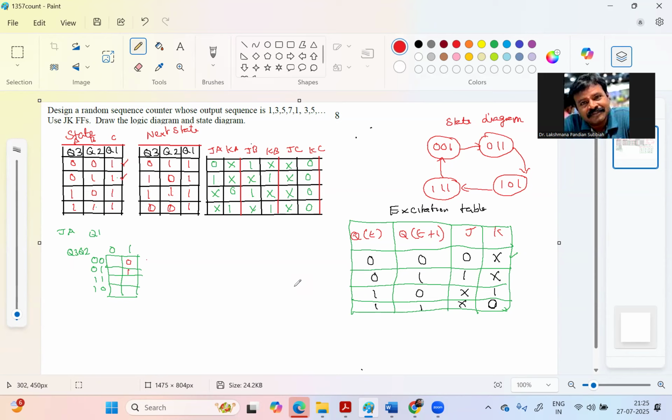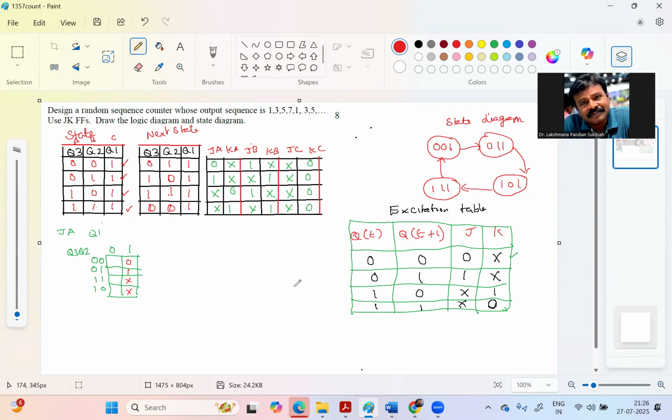For 5 it is X, and for 7 it is X. So you just have to fill in now 0, 1, X, X in these cells, so that is X X.